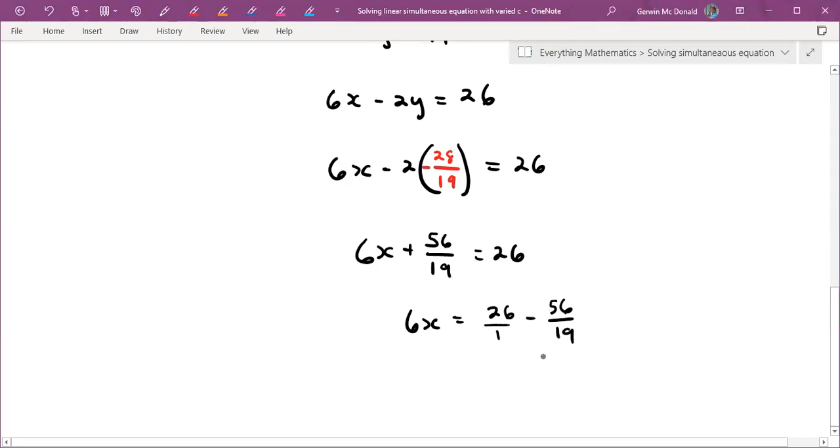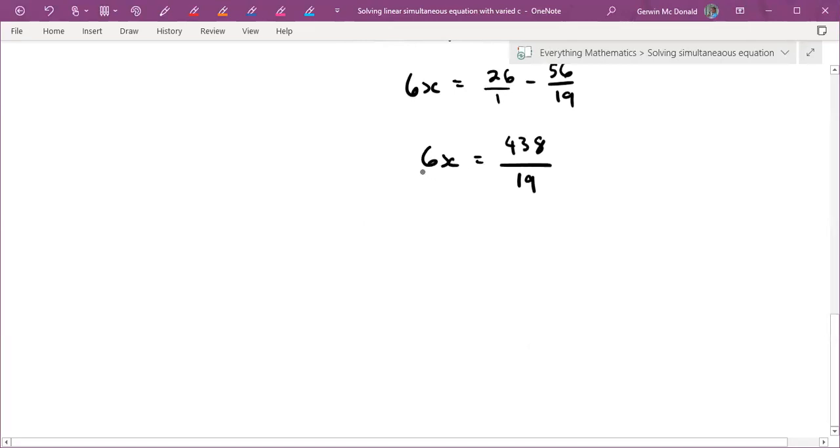And let's just solve that quickly on a calculator. So 26 minus, and then I have in my fraction, 56 over 19. That gives me a big value. And then I divide that by 6, and I end up with something pretty decent. So 6x is equal to 438 over 19.